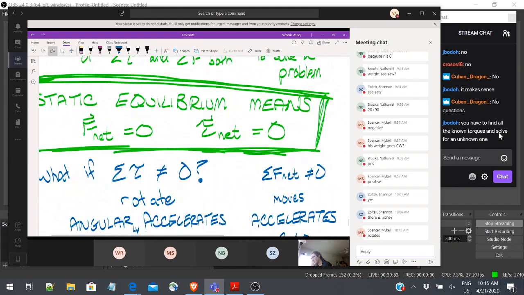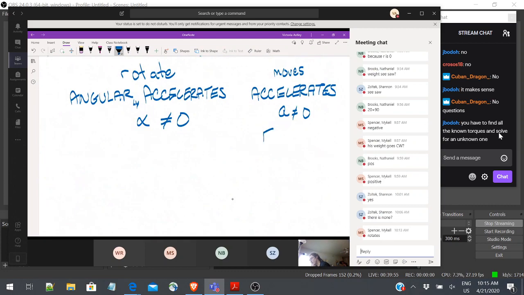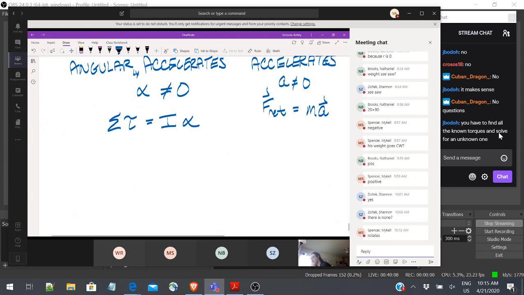There we go, right? So we have F net in vector form is mass times acceleration. We're going to stick this in scalar form for now, I times alpha. So we have acceleration, we have angular acceleration.